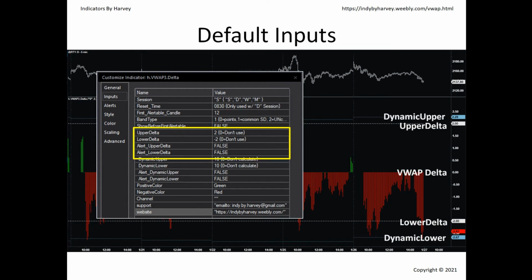Upper and lower delta, think of those as your band 2 calculations from VWAP3. If you happen to use common standard deviation, upper delta is 2 standard deviations, lower delta is minus 2 standard deviations. If you set alert upper delta or alert lower delta to true, when price crosses that deviation, you'll get an alert.